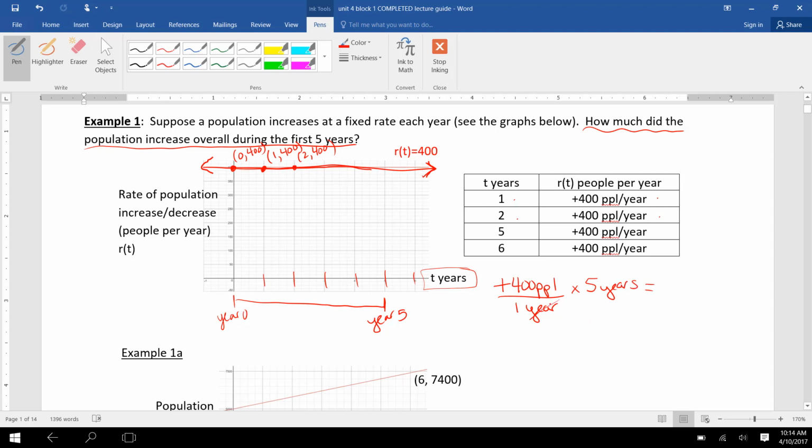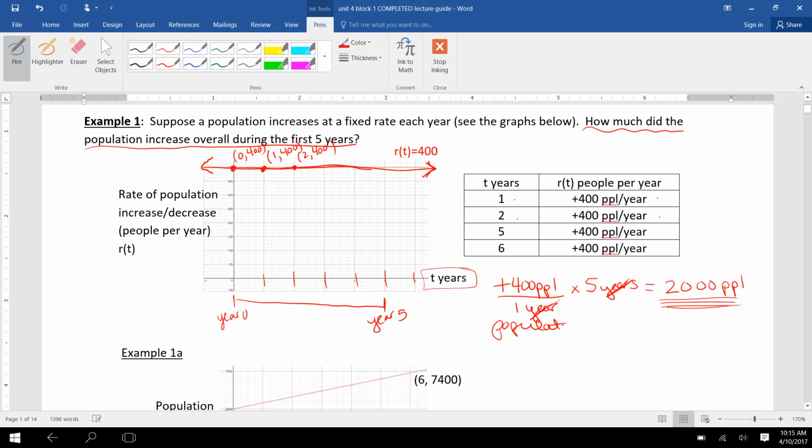Notice the years in the numerator cancel with the years in the denominator, and you get 2,000 total people.